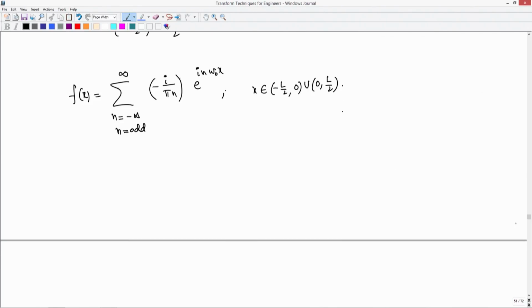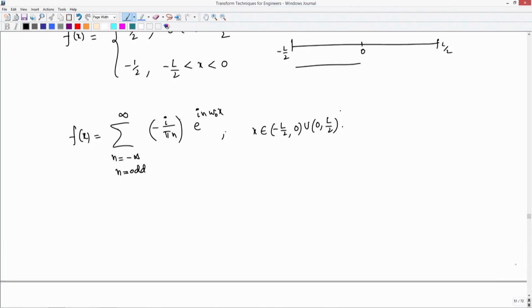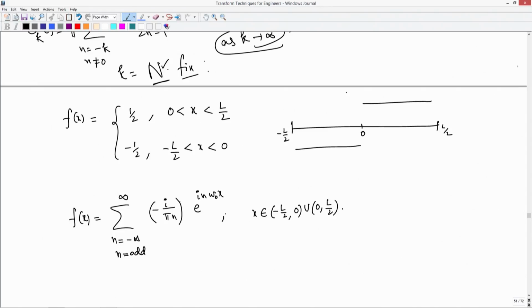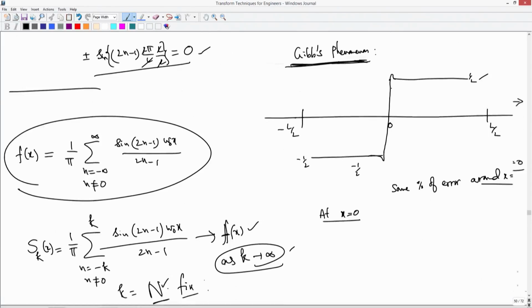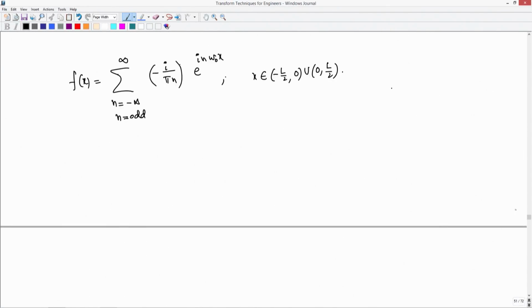We have seen this. We will try to manipulate this and eventually show the Gibbs phenomenon around the discontinuous point, just for this example. So, we write this with n from 1 to infinity and n odd.